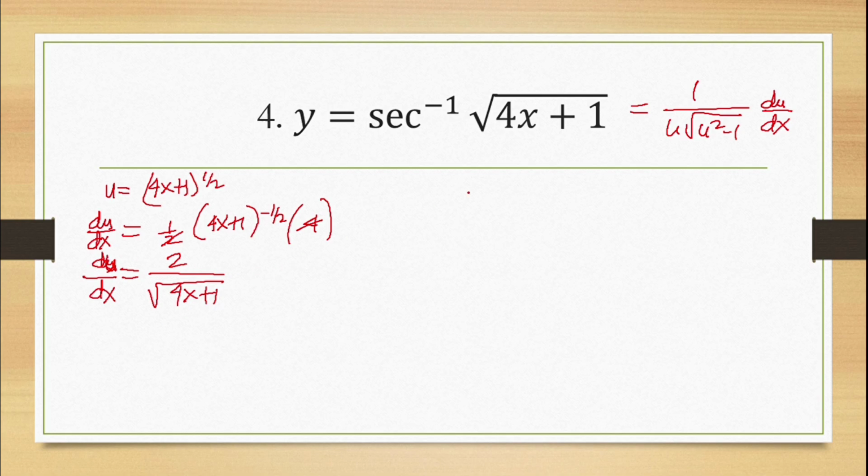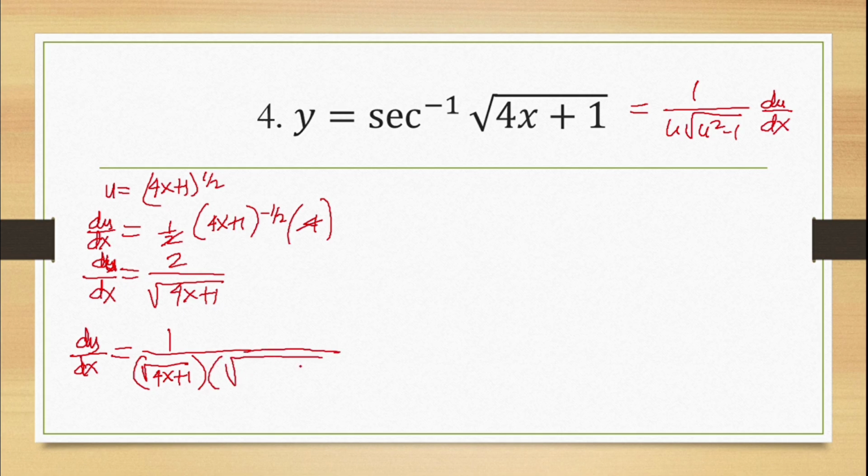So we're going to substitute here by the use of the formula for dy over dx. Our u here is the square root of 4x plus 1, times the square root of u squared minus 1, that is, the square root of 4x plus 1 squared minus 1, times the derivative of this part, du over dx, which is 2 over the square root of 4x plus 1.